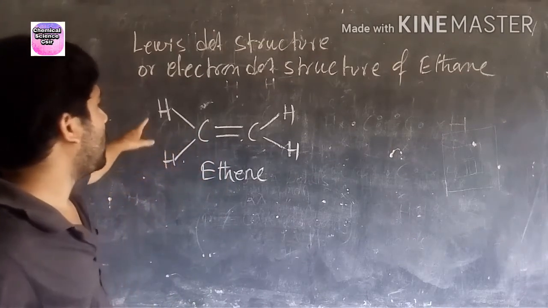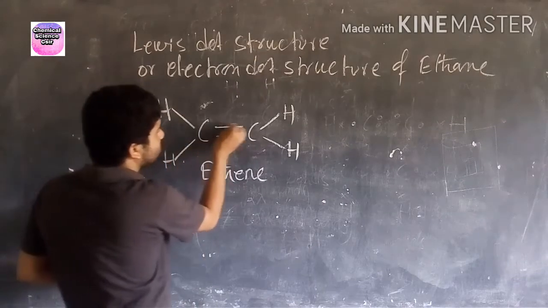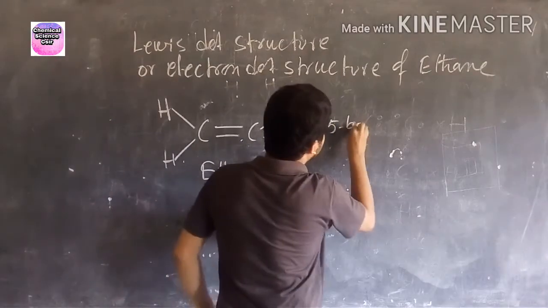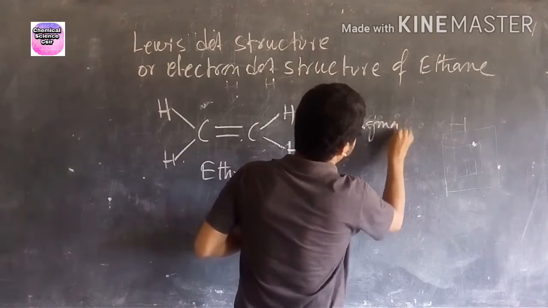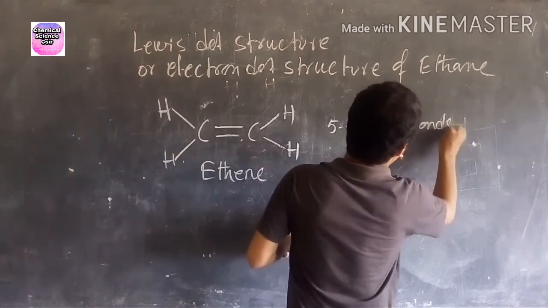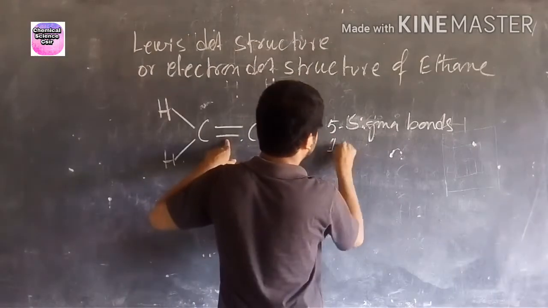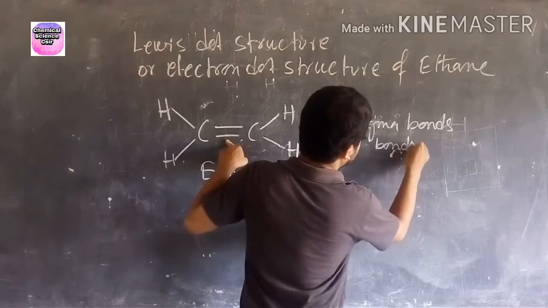In this compound, how many sigma bonds? 1, 2, 3, 4, 5. 5 sigma bonds. Now how many pi bonds? Only 1 pi bond.